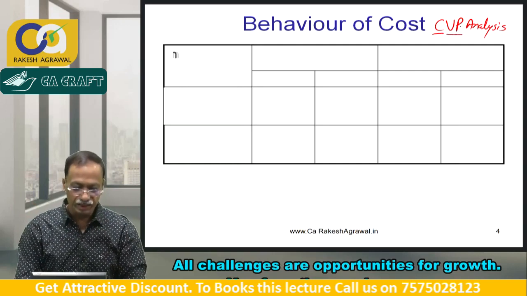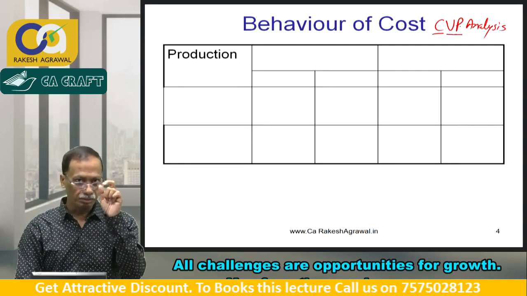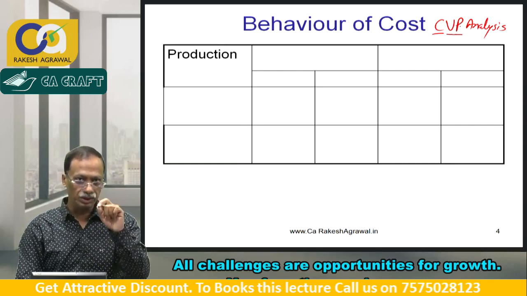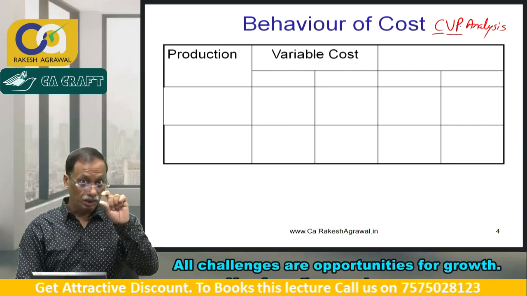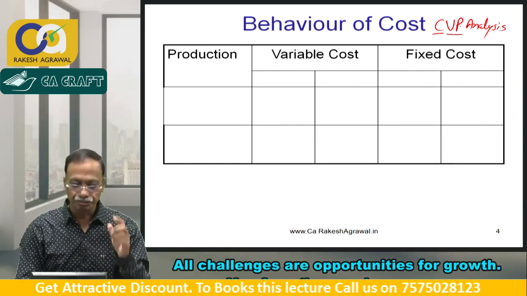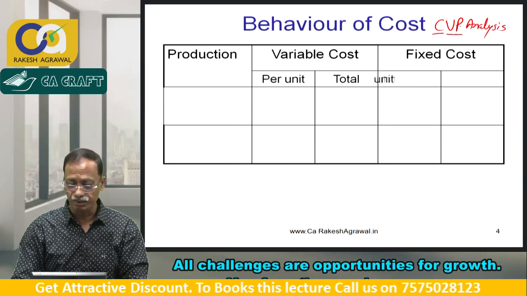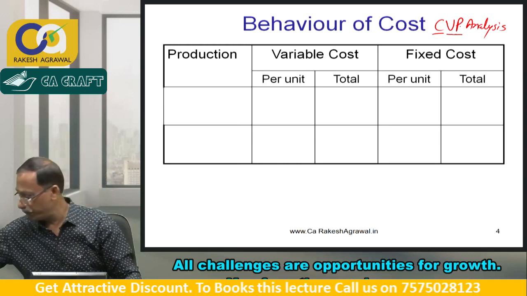Now let's understand this behavior of cost with change in production, because the behavior of cost is judged on the basis of whether the cost changes with change in production or not. So we'll see the behavior of variable cost, we'll see the behavior of fixed cost also. If you want, you may prepare this format.